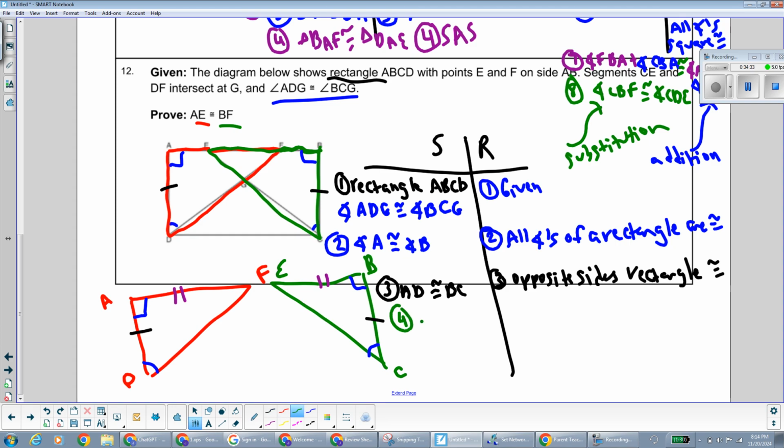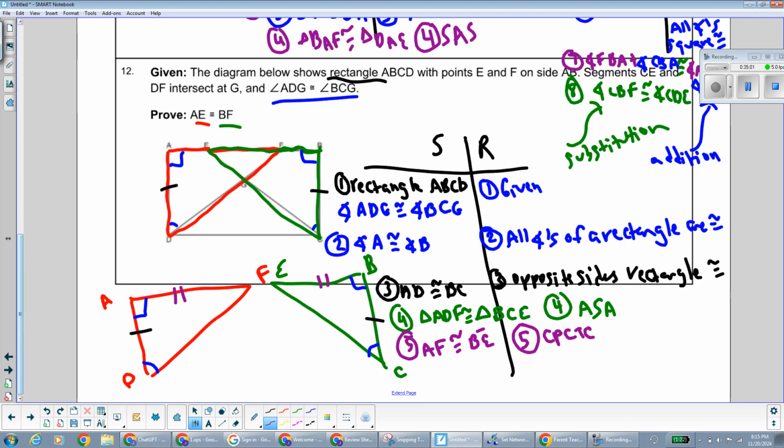Now I can say triangle ADF is congruent to triangle BCE, and that's due to angle side angle. And now I can say that AF is congruent to BE due to CPCTC.